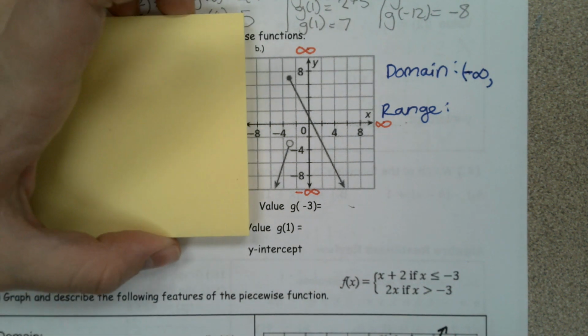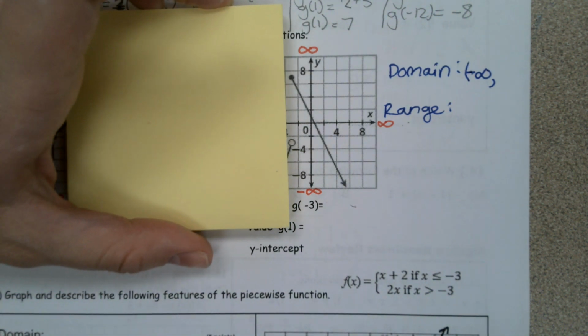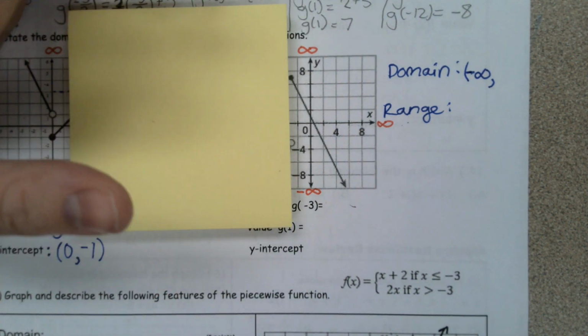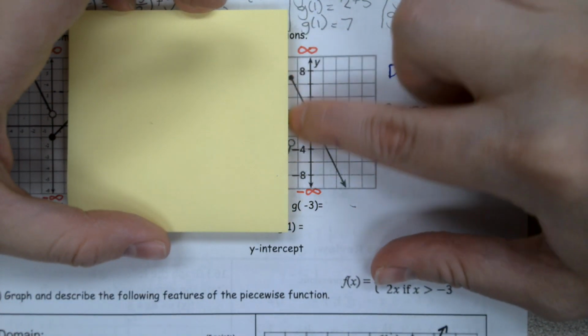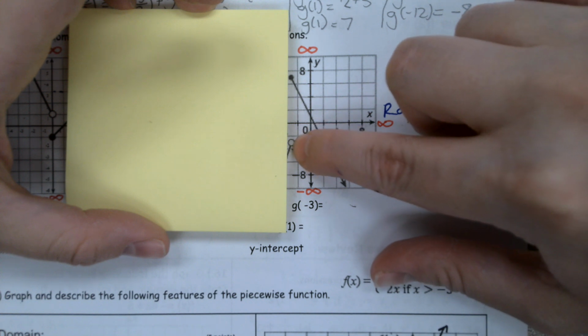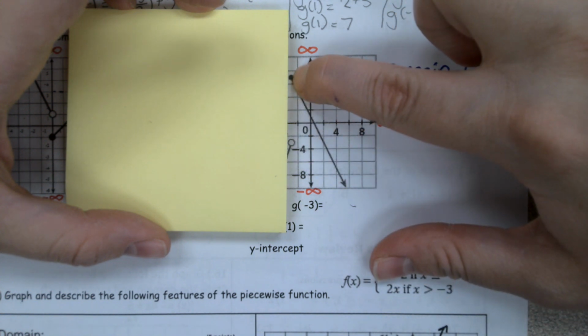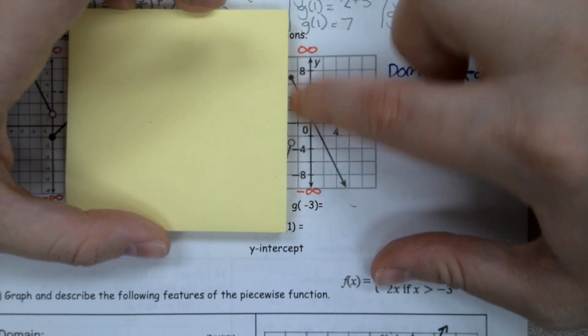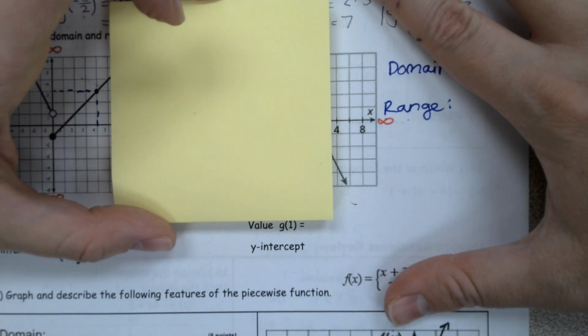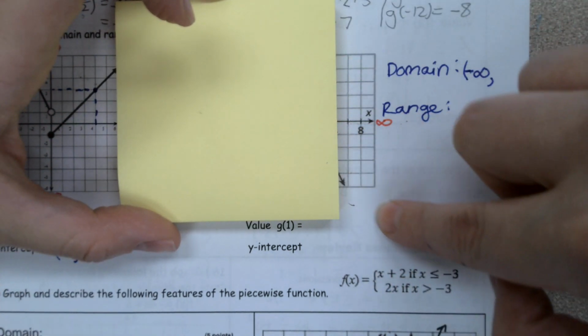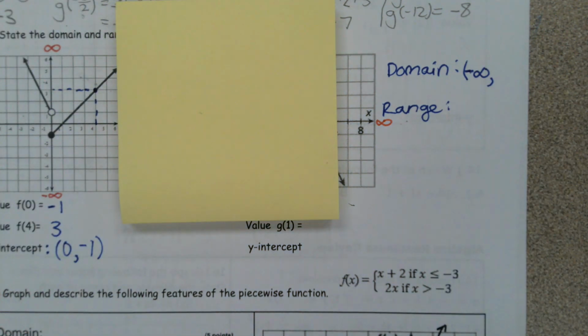So we got negative infinity. And then we have a hole here. Good news. If I connect these, if I go through here to find the x value, it's a hole here, but it's filled in here. So it's like it cancels it out. So we're going to keep following the line. It's going straight. It's looking really, really good. And the line goes back down. And we have another arrow.